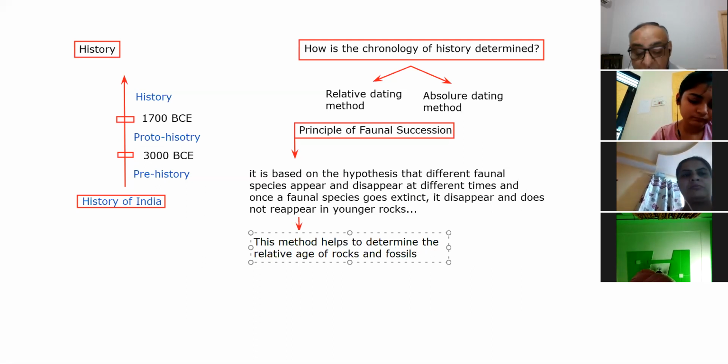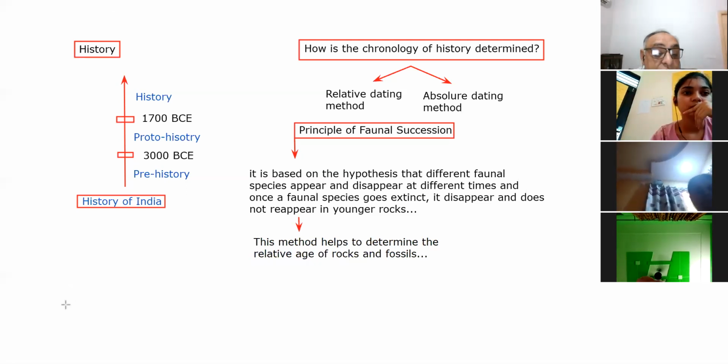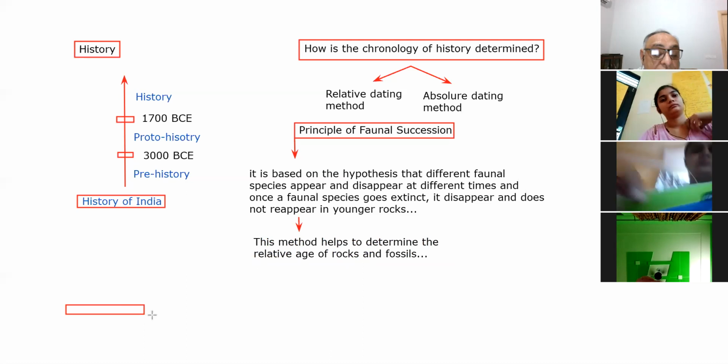With this we determine that. We take here the different ages of assemblages of fossil species, I'm just telling you. We take here the different ages of assemblages of faunal species.